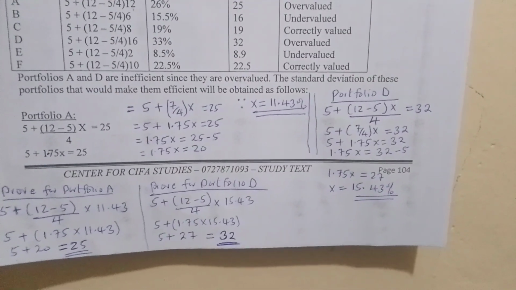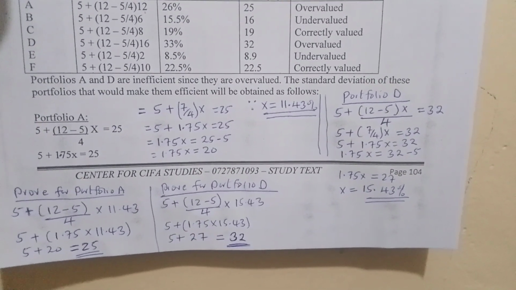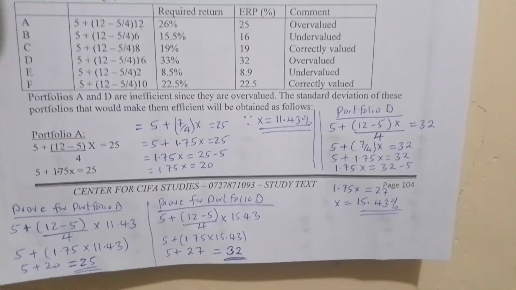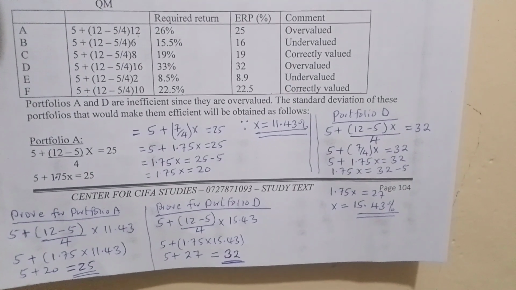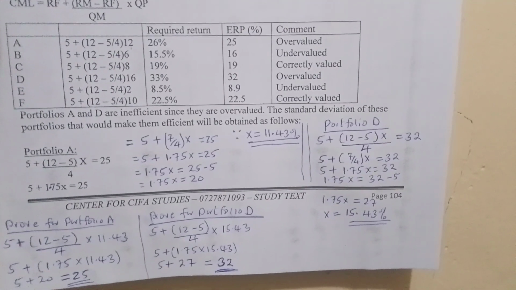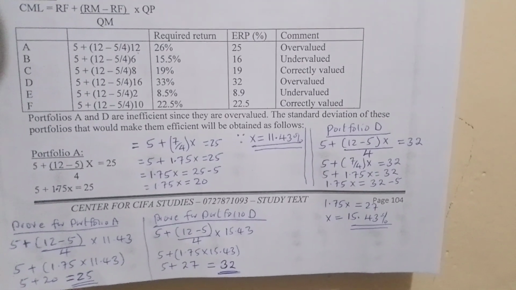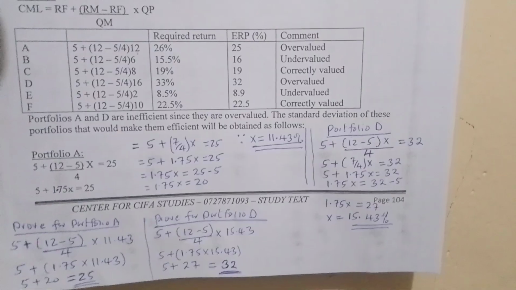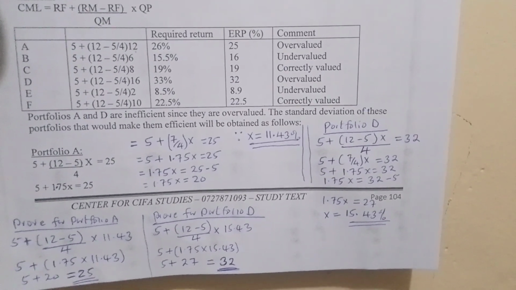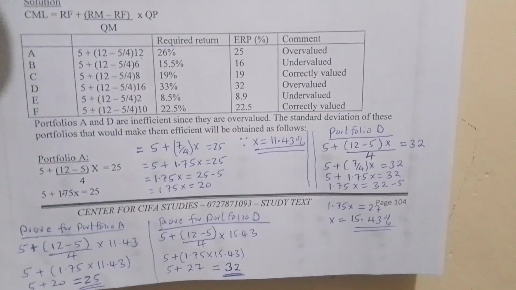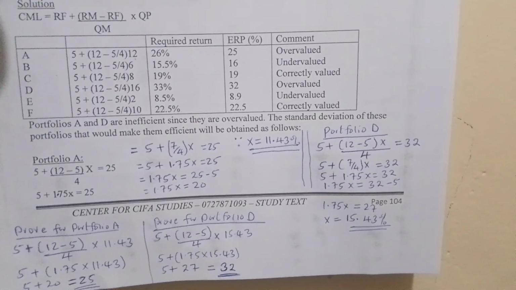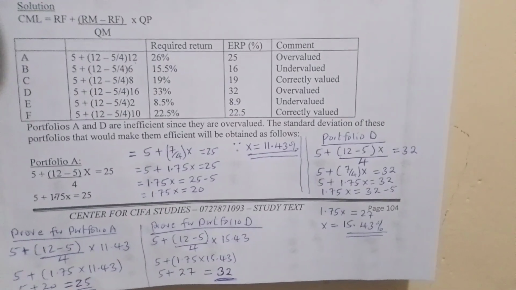Now you can prove that if you use 11.43% as your standard deviation, that is for portfolio A. If you replace 12% with 11.43%, your answer should be 25%, so that your required rate of return will equal to the expected return, 25.